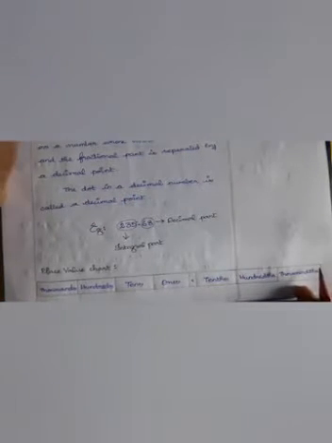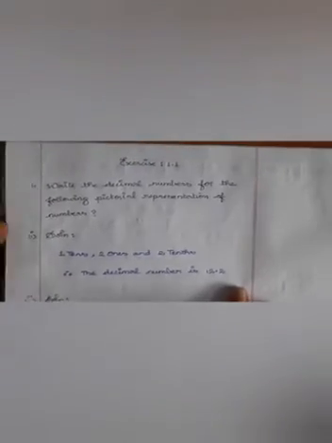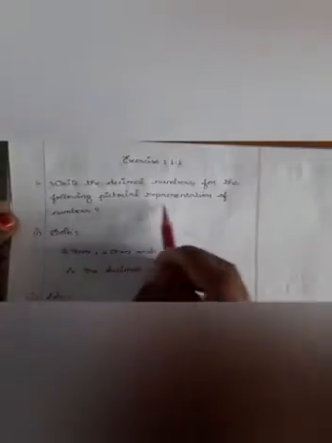So be clear that the place values before the dot are ones, tens, hundreds, thousands, and after the dot are tenths, hundredths, and thousandths. Clear? Yes.